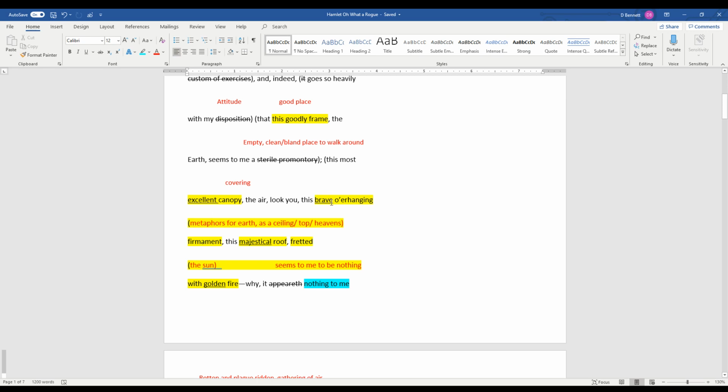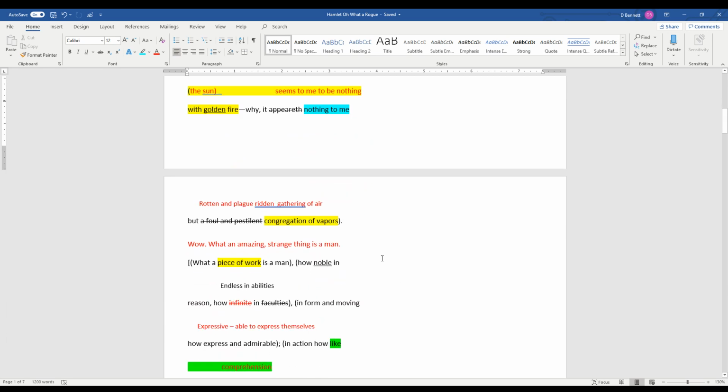Firmament means earth. This brave thing that overhangs the earth. This majestical roof for the earth. Fretted with golden fire, filled with the sun. It seems to me to be nothing but a rotten and plague-ridden gathering of air.